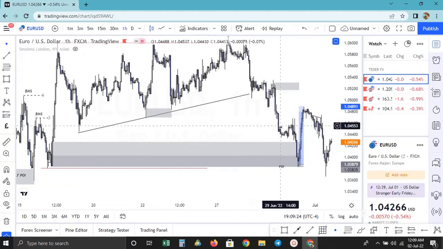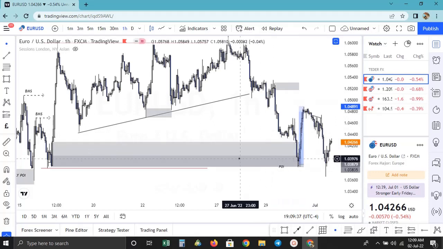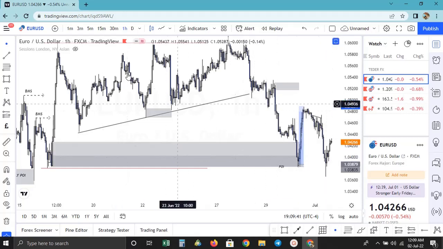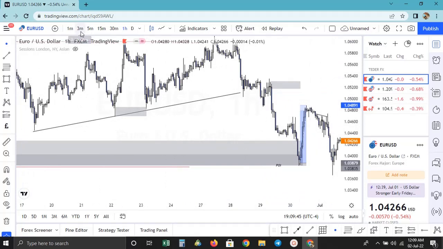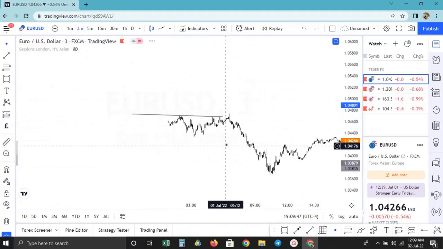So it came in, it gave us a pullback, it mitigated our point of interest, gave us a pullback, and sold down, tapping our 15-minute order block very nicely. Then what did I do? I went down to my 3 minutes time frame for entry.